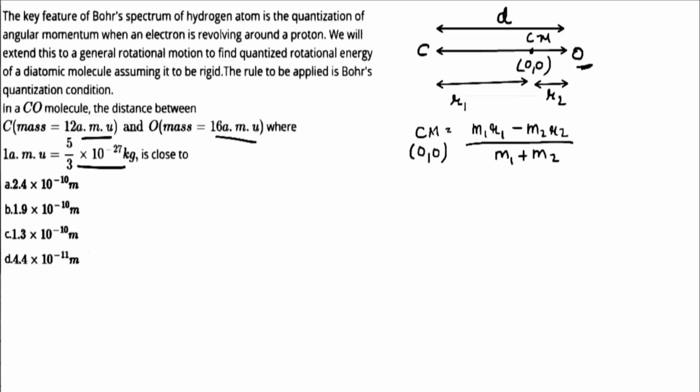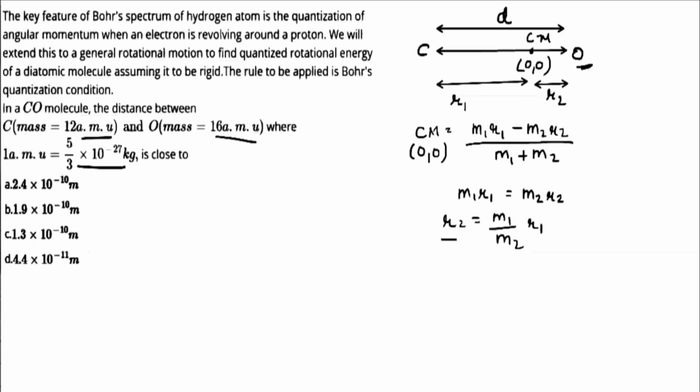We can write this as M1 R1 is equal to M2 R2. So by this we can write that R2 is equal to M1 upon M2 R1, right?